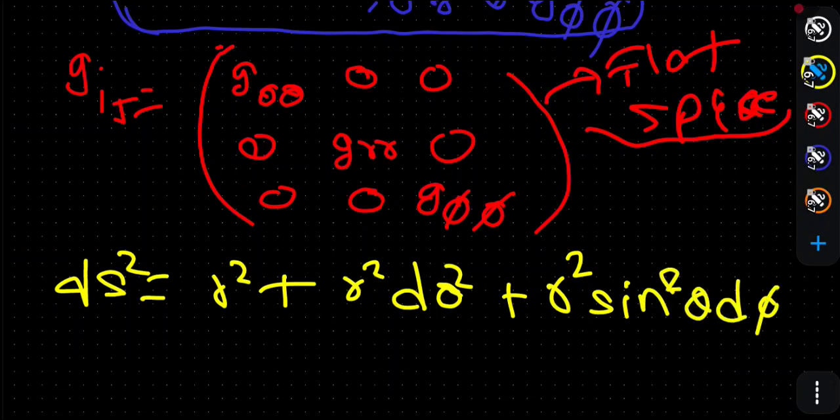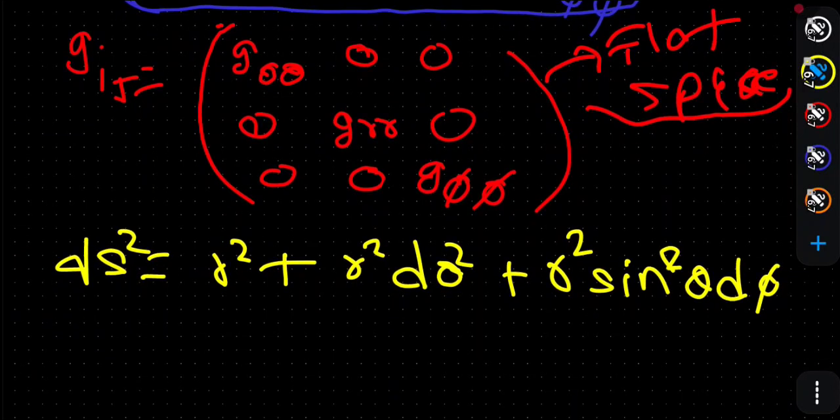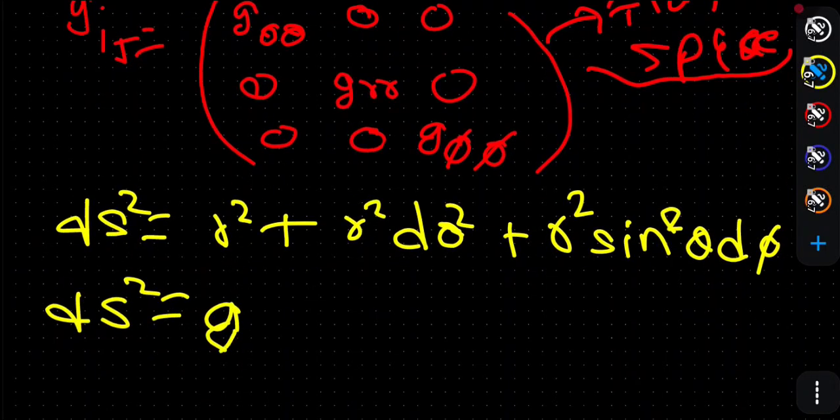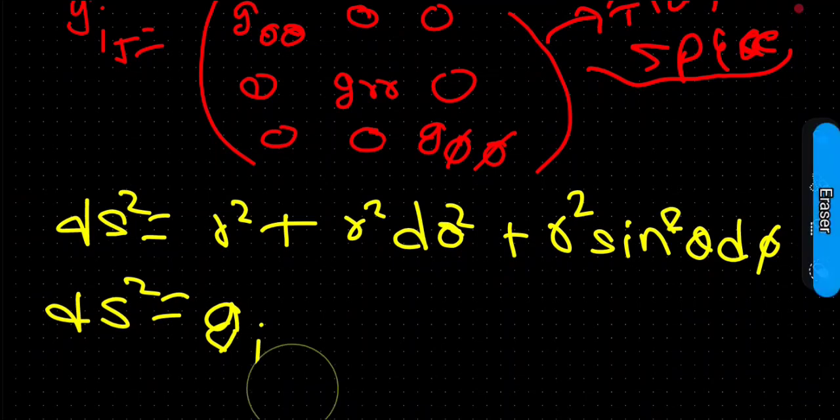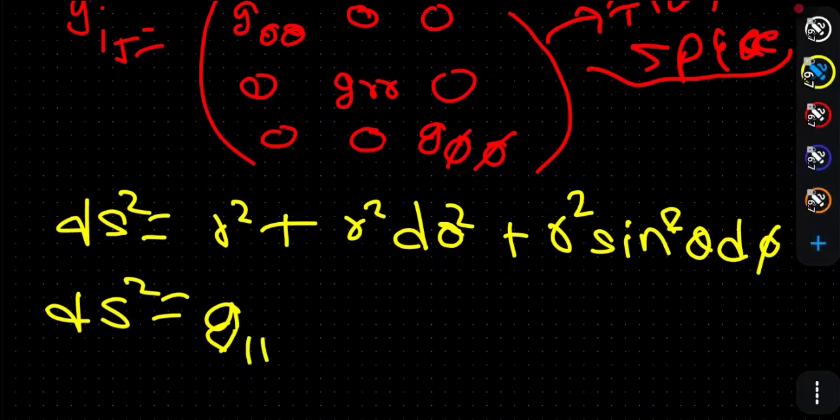What I'm going to do is build the intuition, and you will ask how. If you have seen my first video, we can represent the distance between two points using g with any indices. Suppose I take g11 arbitrarily, so please don't connect this.